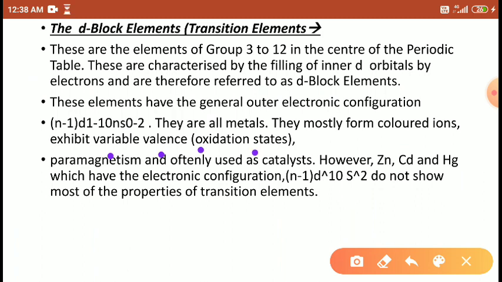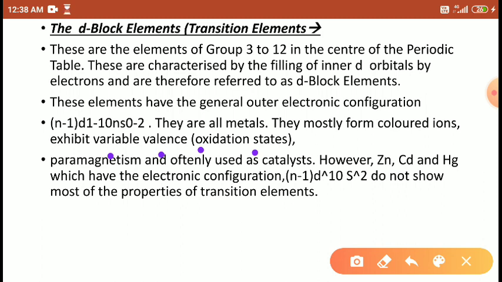Okay. They have variable valency. Variable valency means, students, the valency is not fixed. In groups 1, 2, and 13 to 17, the valency is decided based on the number of unpaired electrons.